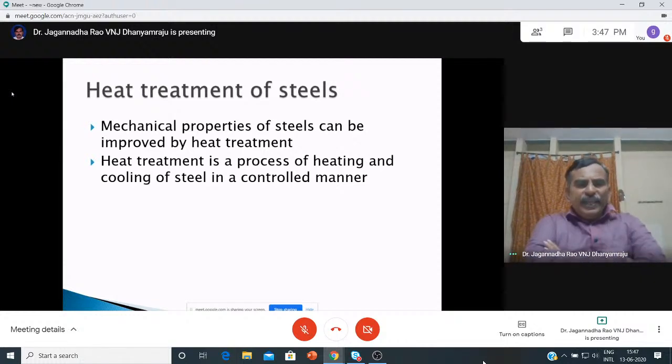Heat treatment is a process of heating and cooling of steel in a controlled manner. Heat treatment is nothing but the application of heat. How to apply heat? Either we heat or we cool, and we apply this heating and cooling in a systematic manner to achieve desired properties. So that is what we mean by heat treatment of steels.